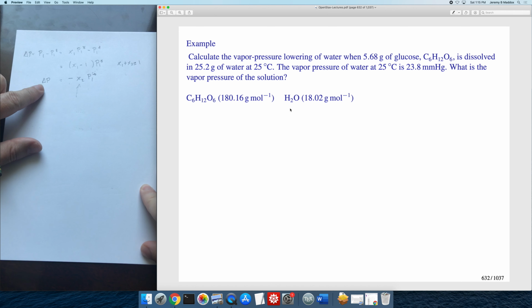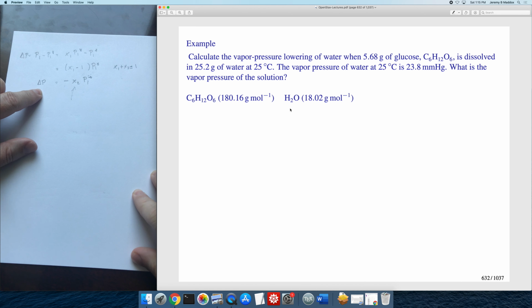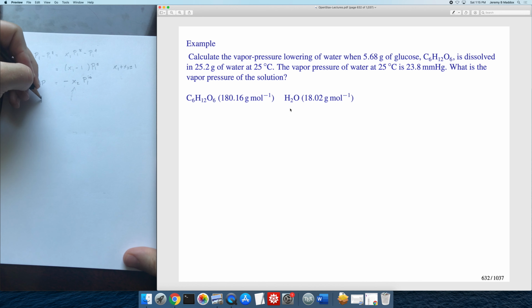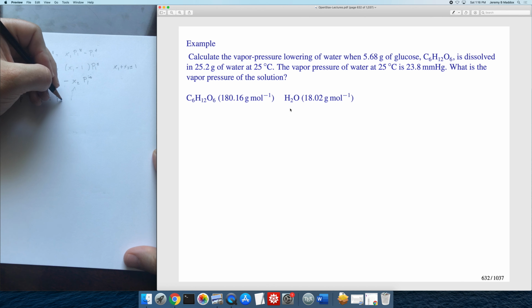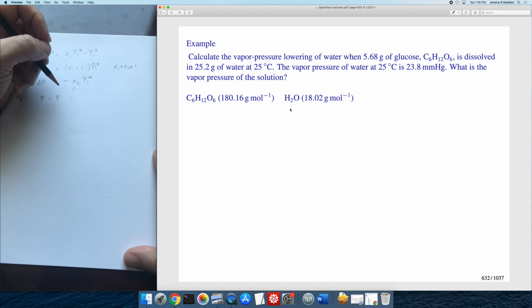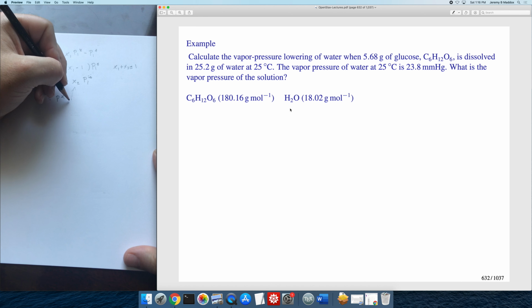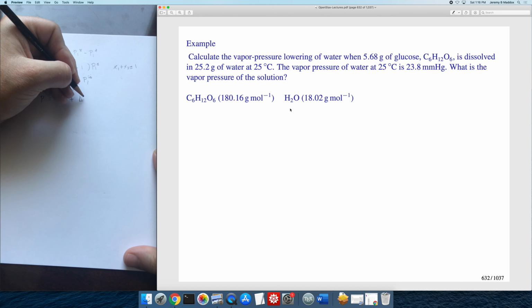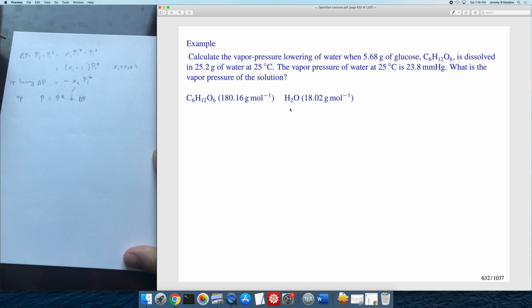So the formula that we have here will allow us to calculate the vapor pressure lowering. But the actual vapor pressure of the solution, so this is the vapor pressure lowering, that's the delta, the change in the vapor pressure. But then the actual vapor pressure will be equal to the vapor pressure of the pure substance plus the delta P. Okay, so there's two things they're asking us to calculate.